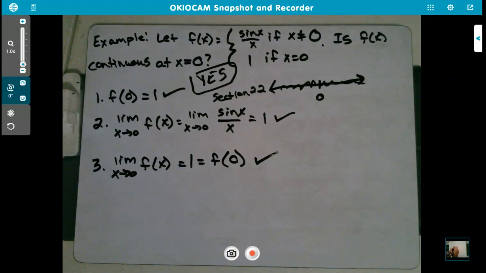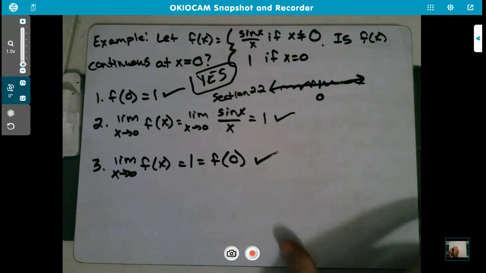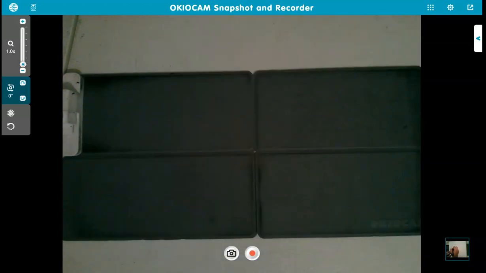So you may have noticed a pattern, especially whenever we did the rational function at the beginning. There is a pattern here, and it's going to help us out a lot. Here is the fact. I'll just write it down as a fact.